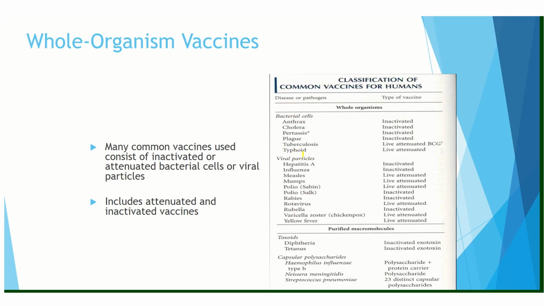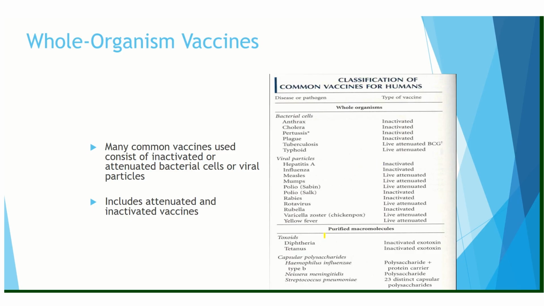That's a whole organism vaccine with bacterial inactivated vaccine. How about viral particles? That's hepatitis A, influenza, measles, mumps, polio, rabies, rotavirus, rubella, varicella, and yellow fever, referred to as viral particles, whole organism vaccine. Some of them are attenuated, some of them are inactivated.